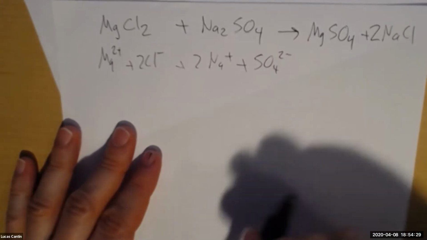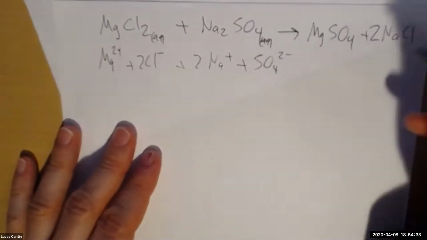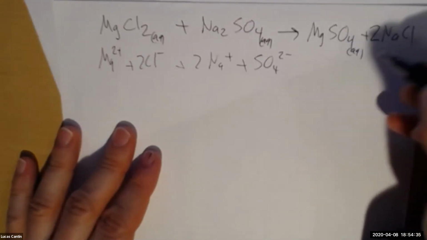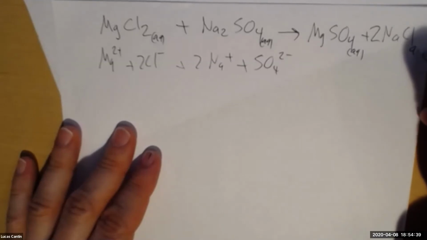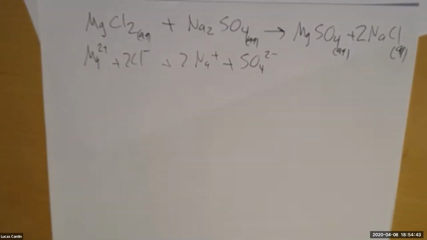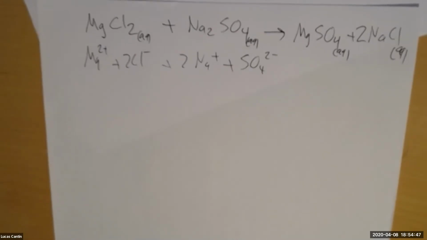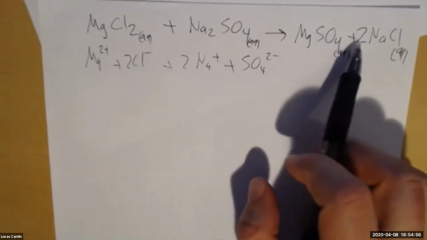And if the reactants were given to me as aqueous, and I believe magnesium sulfate on our solubility table will be shown to be aqueous. Actually, does someone want to look up sulfate? What's the rule for sulfate? That's okay. But anyways, when I go to write this, so this is my balanced equation.